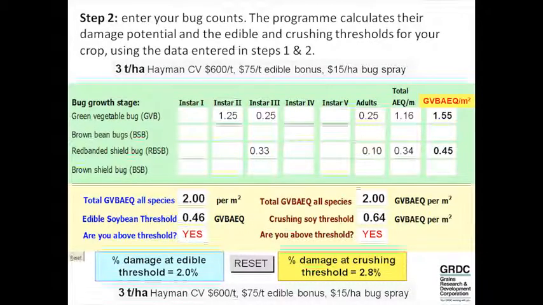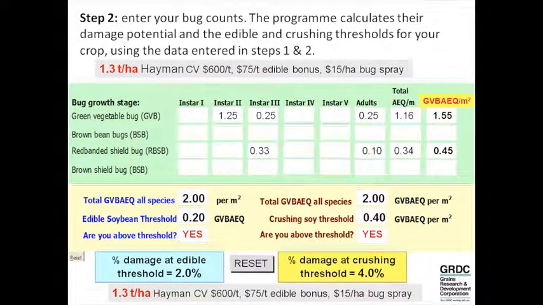And are you above threshold? Yes. It will give you the percent damage at the threshold. So the edible one is constant at 2%. At the crushing threshold, you're tolerating 2.8%. Makes sense. You don't need to know all the graphs and that behind it. You just need to punch that in and it will come up with that information.